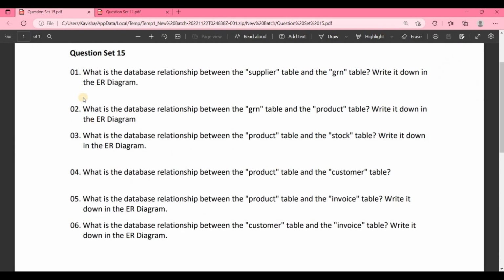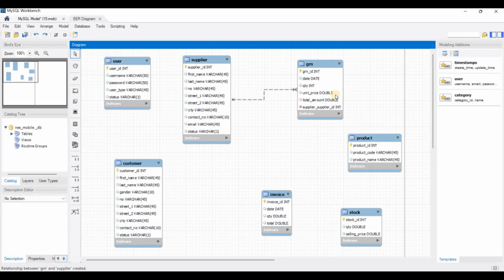In the second question, what is the database relationship between the GRN table and the product table? So in the second part, we have to make the relationship between GRN table and the product table. When we get one product, it may have one or more GRN notes.